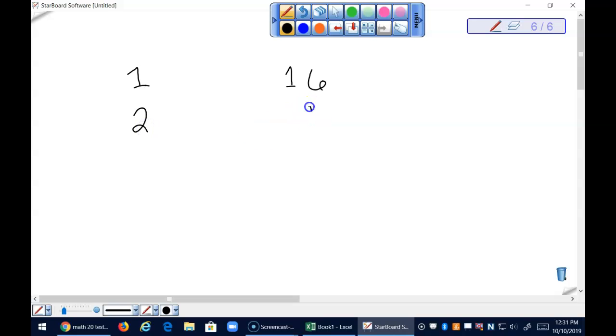Does 2 work? Sure, 2 times 8. Does 3 work? No. Does 4 work? Sure, it's 4 times 4. And as soon as I get to the same number on both sides, I'm done. Because if there was some other small number that worked, there'd be some big number it matched up with. That's the shape you make to check all the factors.